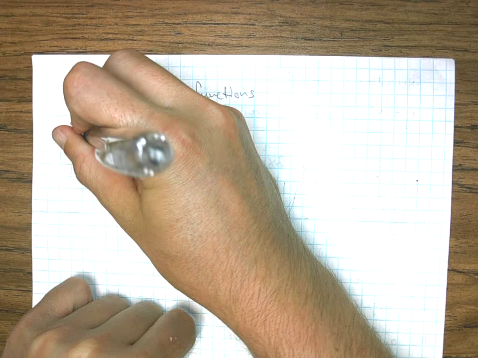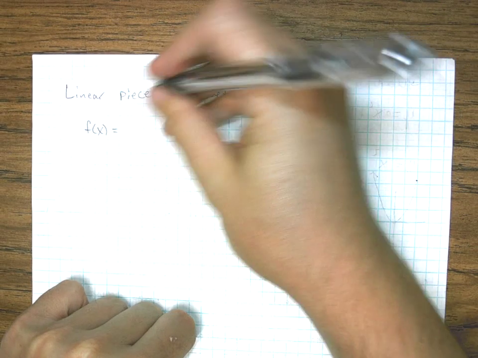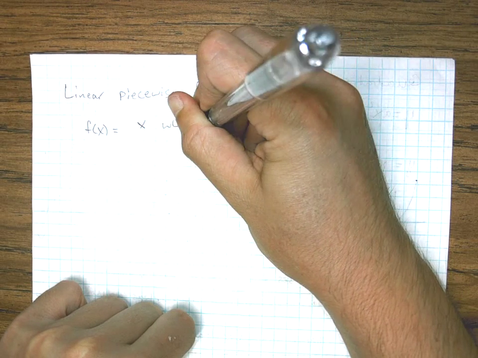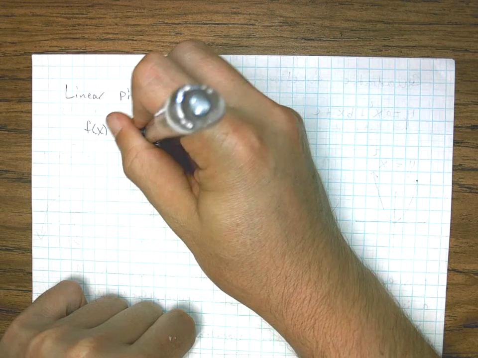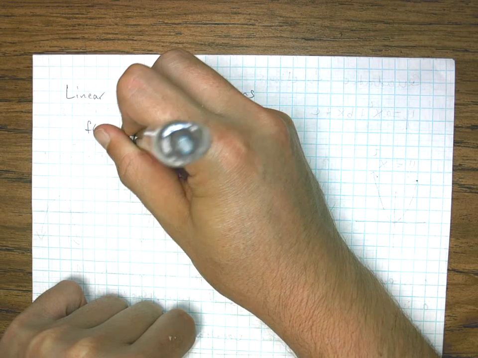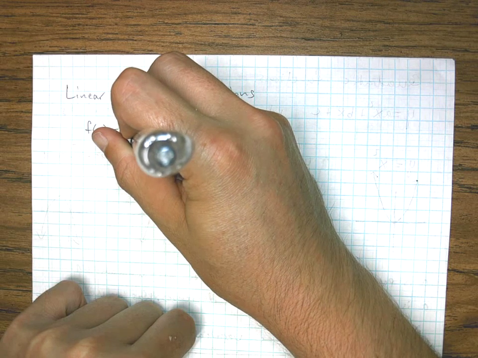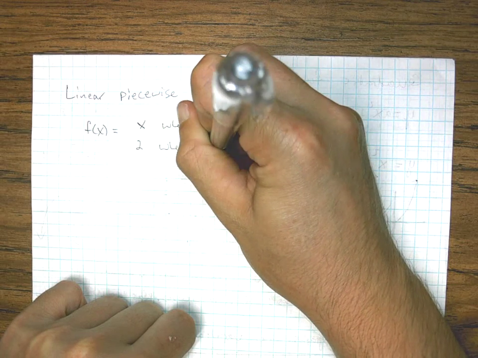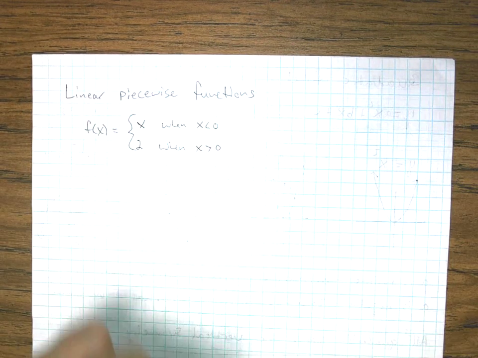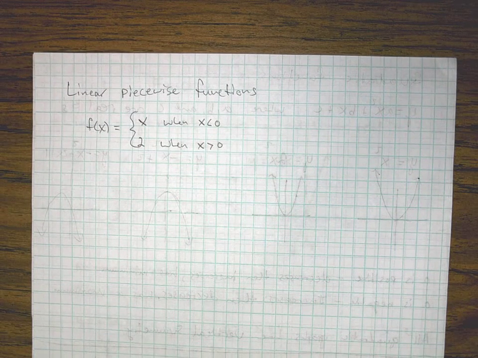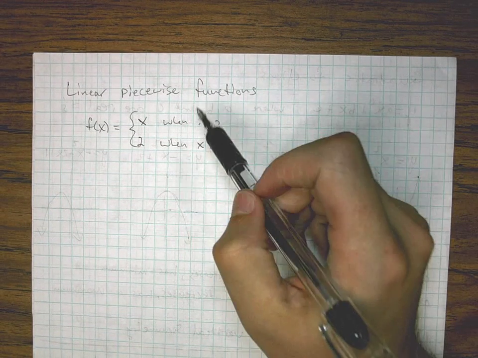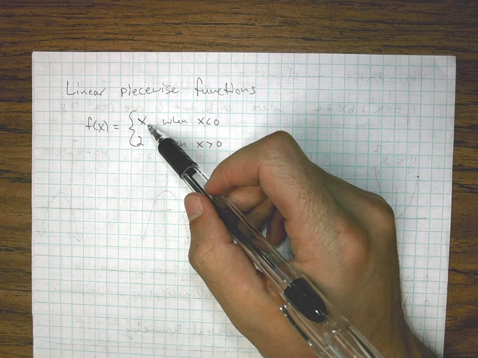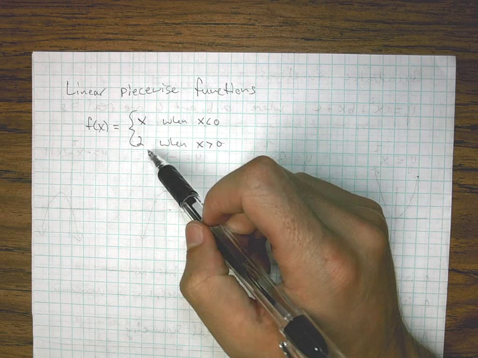But this looks like f of x equals x when x is less than 0, and we'll say this is equal to 2 when x is greater than 0. So it has the stipulation. It's saying that when I'm talking about the left side of the y-axis, the negative x-axis, I want to be this function. And then a little bit later, after a while, I want to be this function.